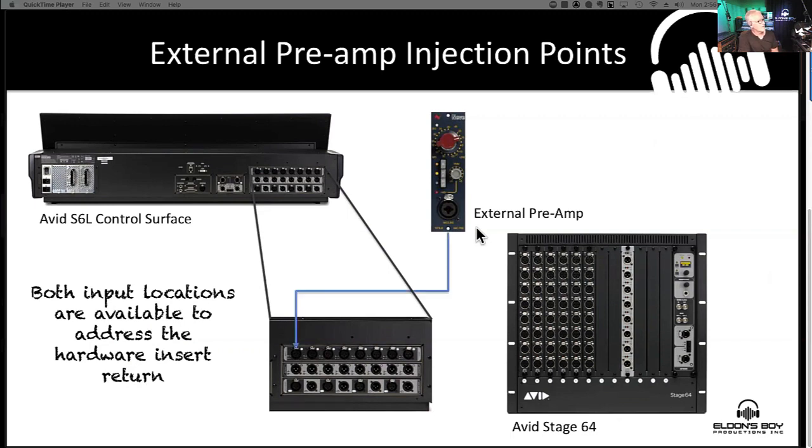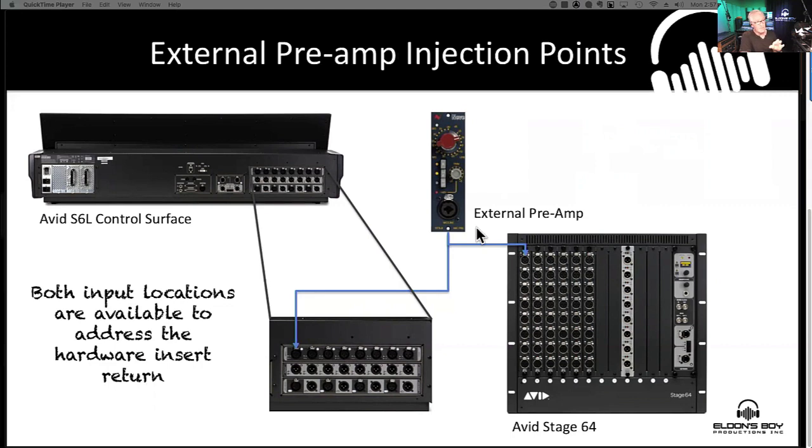All right, so in this situation, you could bring in the output of your external pre right into an XLR on the back of the console and have that address the insert return on any given processing channel. It could go on any channel that you want, where that XLR addresses that return point. Likewise, unlike an analog console, I could actually bring that external preamp into the mic pre input on the stage rack, and then have that XLR address the return, therefore bypassing that preamp.